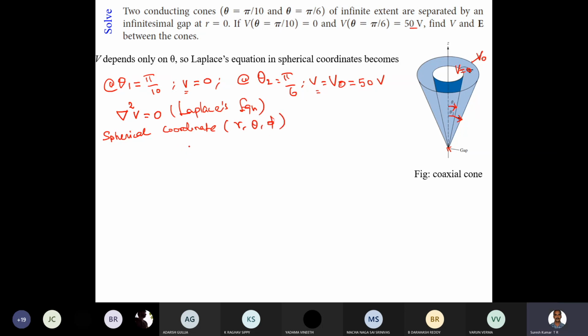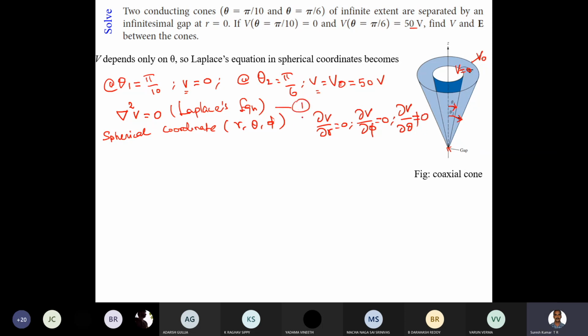In this case, you can see clearly that the variation of potential along the radial direction is 0, and along the phi azimuthal direction is also 0. Only the potential is varying along the theta direction. It is given in the boundary condition, and you can understand it from this picture or by reading the statement: dV by d theta is not equal to 0.